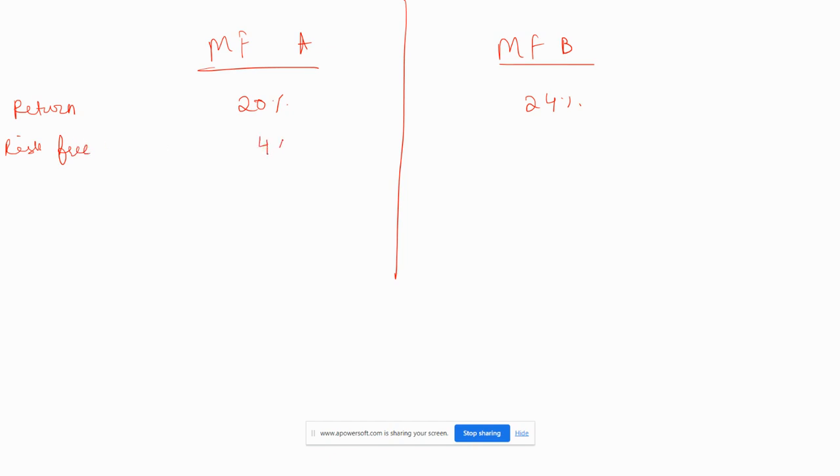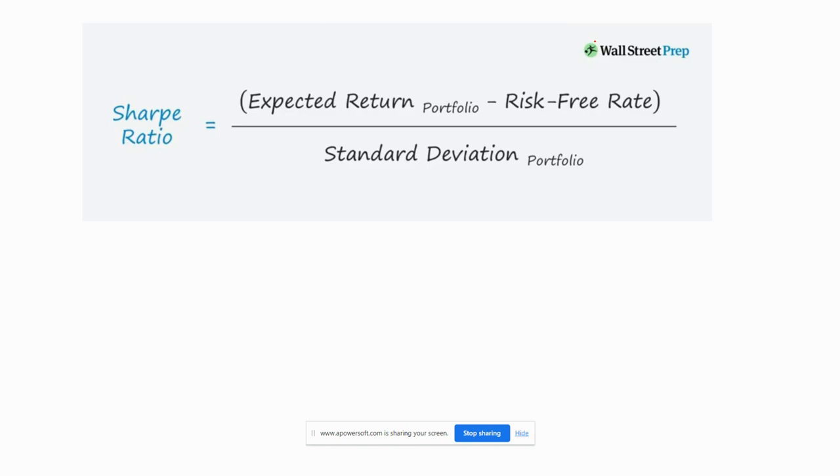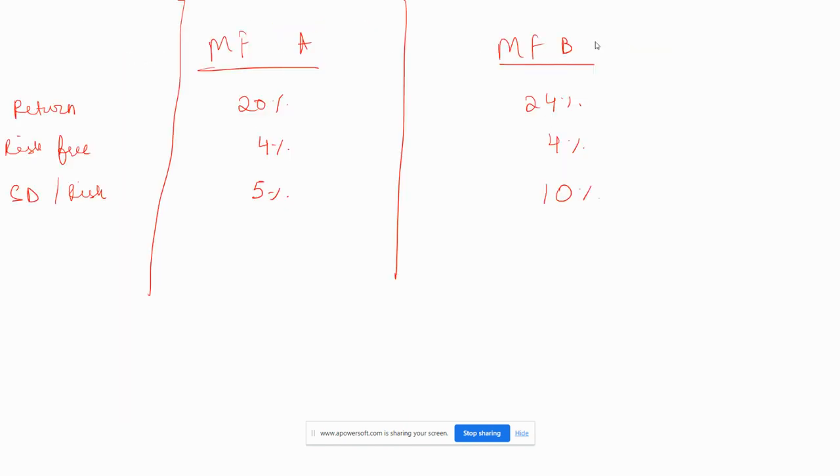Let's say the standard deviation for mutual fund A is 5%, and for mutual fund B it is 10%. So by this you can tell me that mutual fund B is a much riskier scheme.